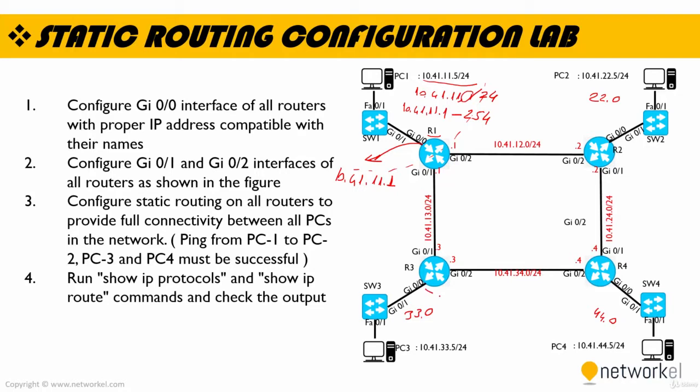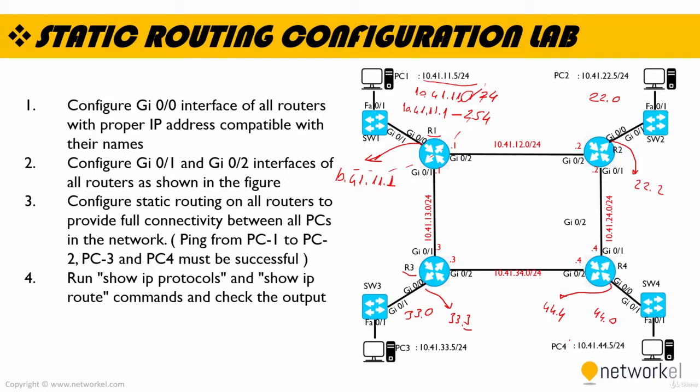I need to assign 33.3 here because this is router 3. I'm just changing the last octet, as you can see. I need to use 22.2 and 44.4 here.